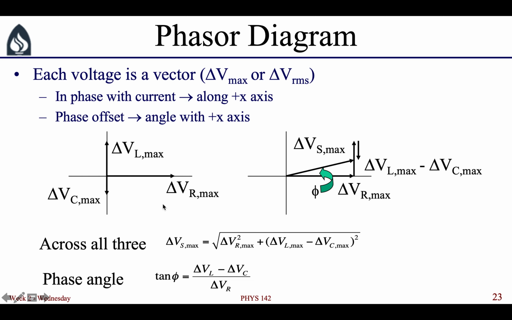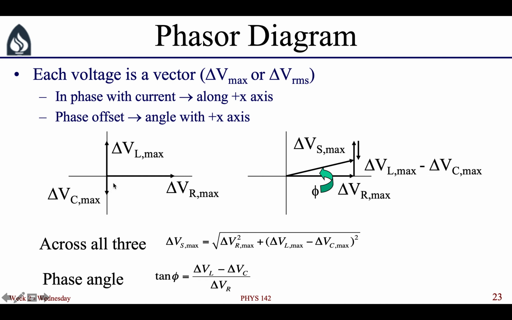So the way you make a phasor diagram so that you can add up voltages correctly is you draw the voltage across the resistor, which is in phase with the current, along the positive x-axis. So the positive x-axis represents the current direction. Then the phase offset is the angle with the positive x-axis.